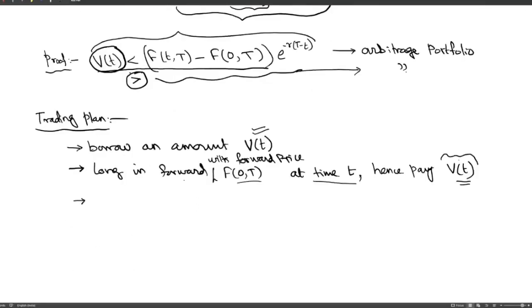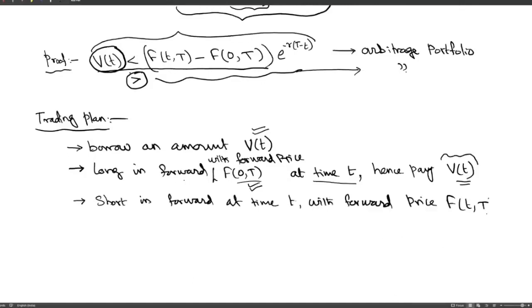Now what you do is give this contract to your friend and take a short position in the same forward at time t with forward price F of t comma capital T. Whether you take short or long, you don't need to pay any price for that, because you are taking the contract at this price at time t. Time is matching, therefore that comes free. Here the times are not matching, that is why it includes a value.